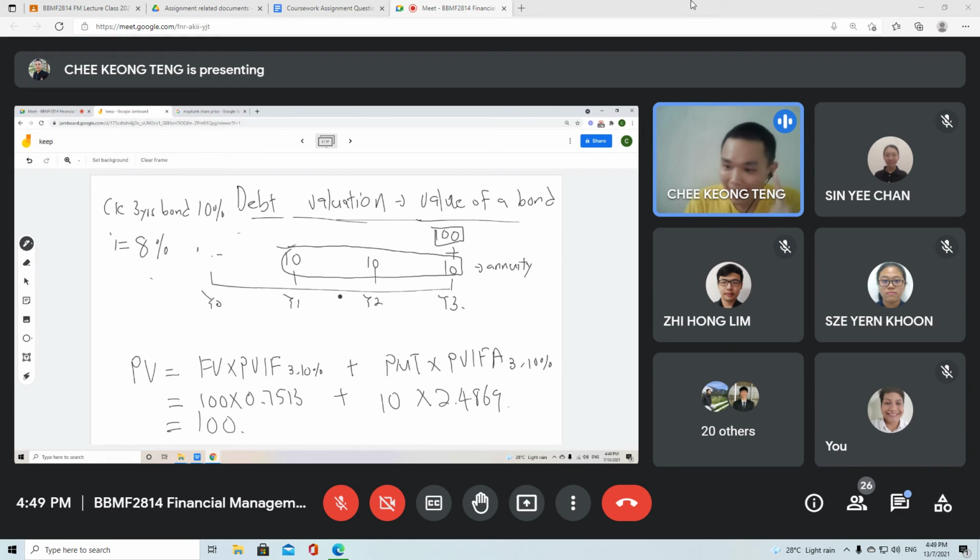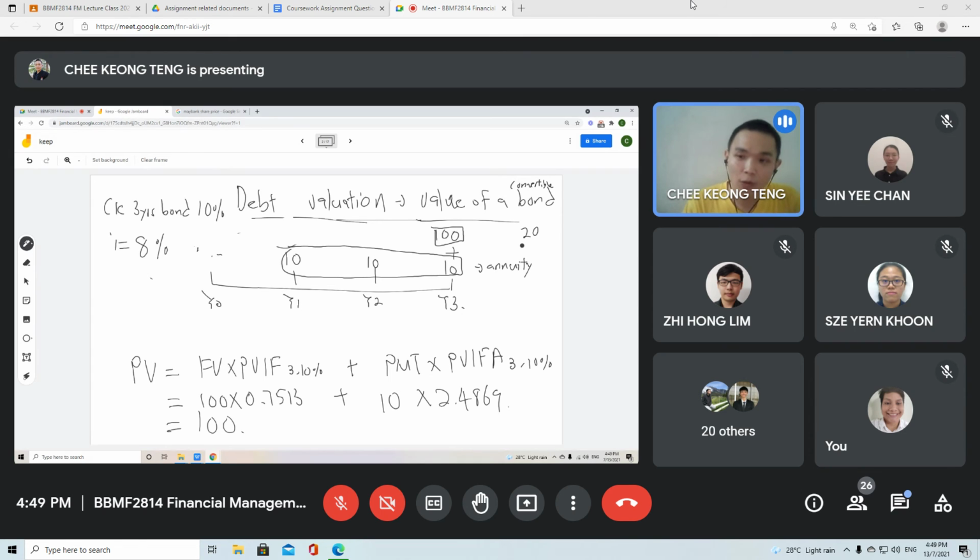And one last thing before I let you present, I think we will fully utilize the time today also. One last thing, the question actually is a convertible debt. Okay, when we say convertible, actually it's very simple. When you see convertible, it means that at the end of the maturity date, you can choose. You want to convert your bond to a certain number of shares. Let's say, maybe you can convert to 20 shares.